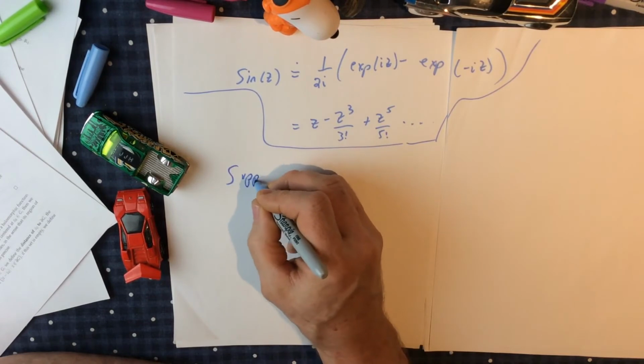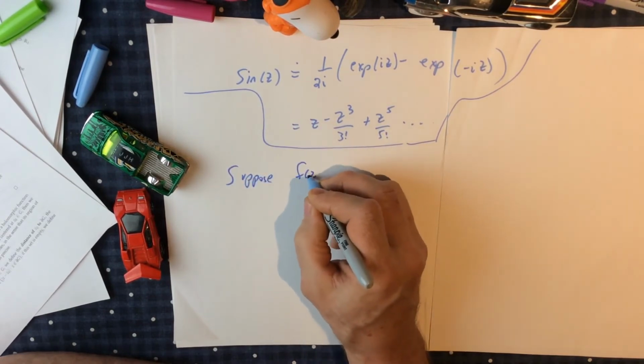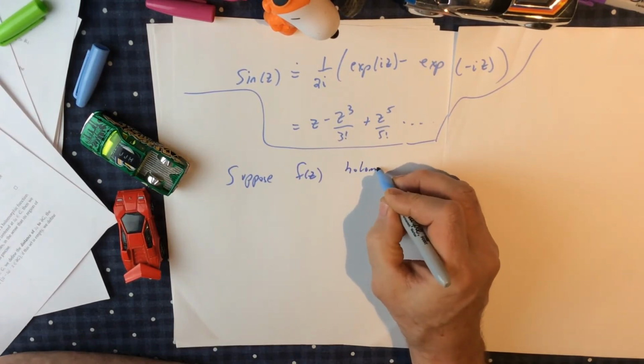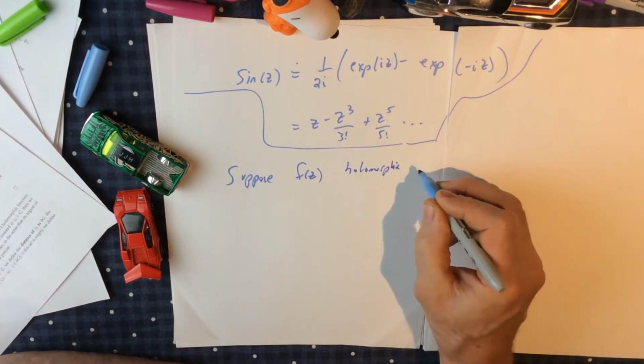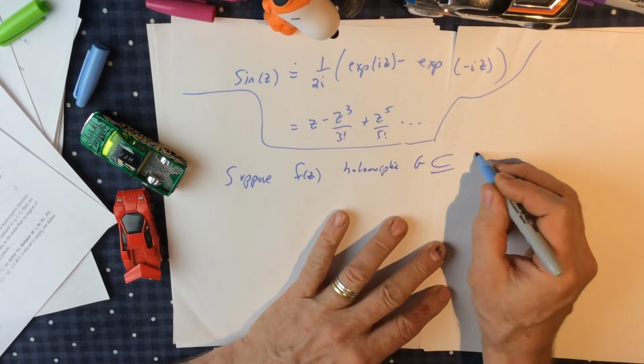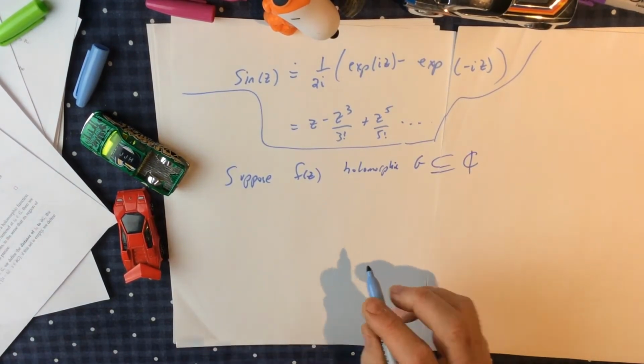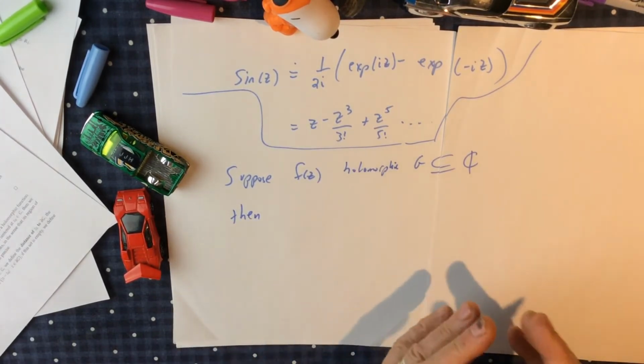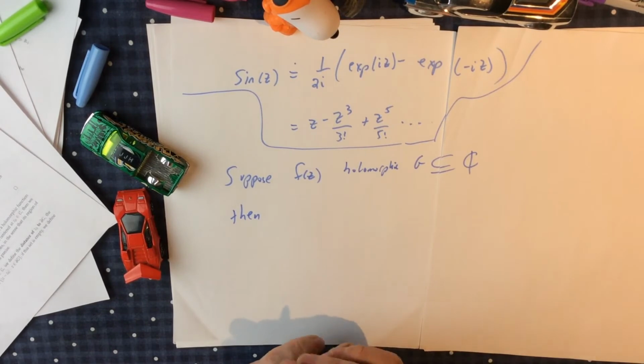Suppose we have a function f of z, and it's holomorphic, differentiable in a region, then here's the cool fact. I want to say Taylor's theorem, but I'm not going to give Taylor's theorem in the way that you expected.